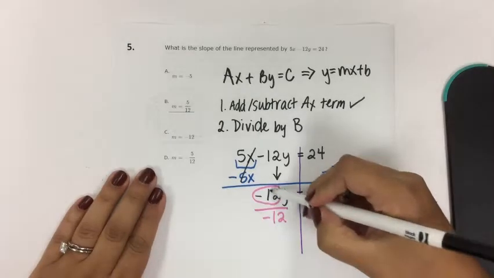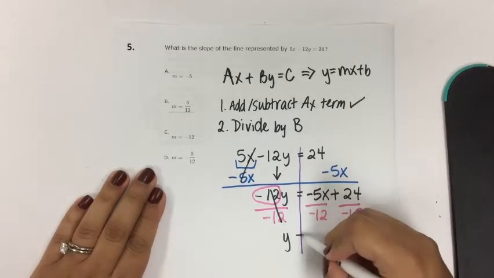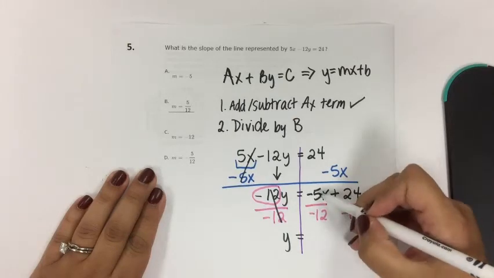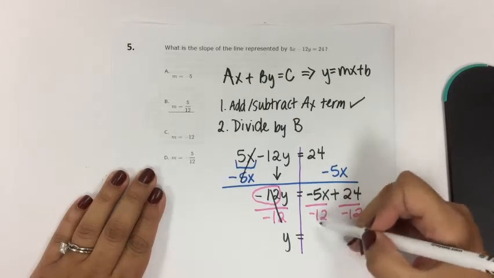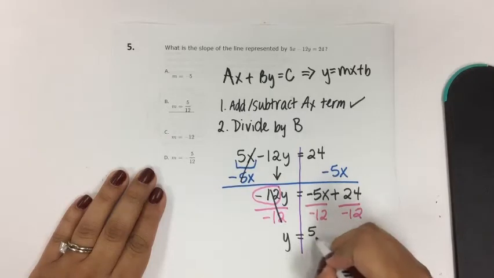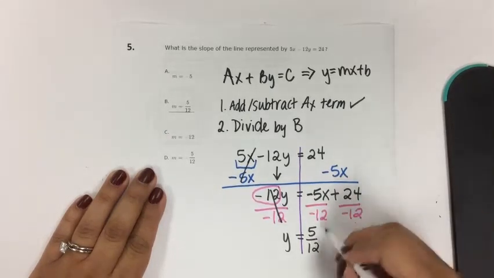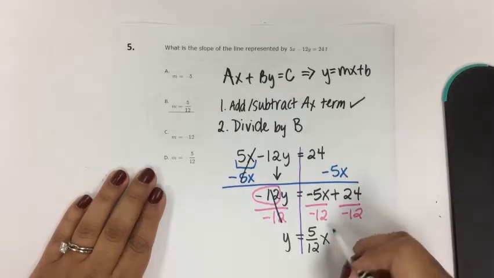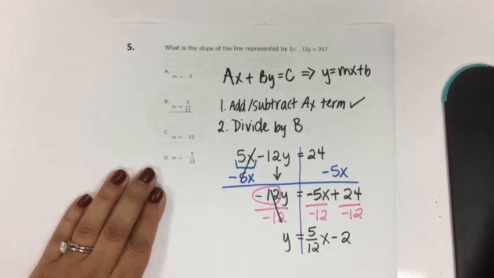When I do that, the negative 12s go away, I'm left with y equals, negative divided by a negative is positive, and 5 divided by 12, this fraction does not simplify any further. So I'm going to leave it as is, x, and then 24 divided by negative 12 gives me negative 2.